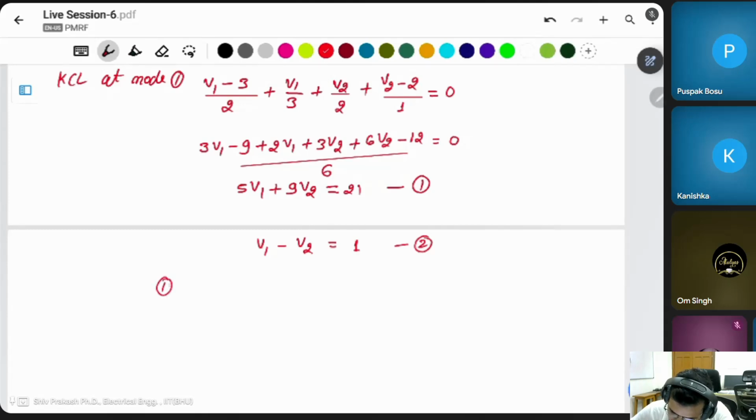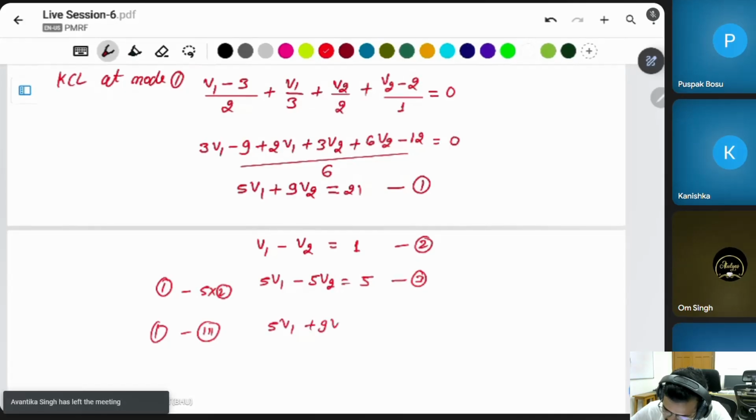Multiply 5 here, this will be 5V1 minus 5V2 is equal to 5. Equation number 3. Then subtract equation 1 minus 3. So 5V1 plus 9V2 is equal to 21.